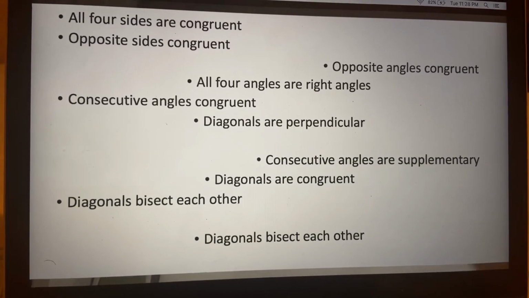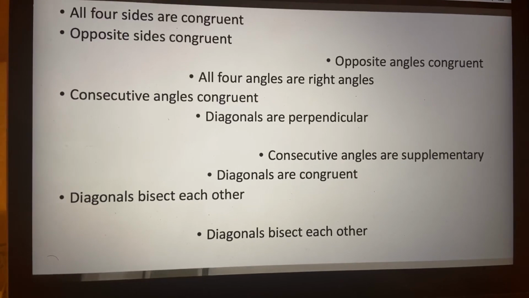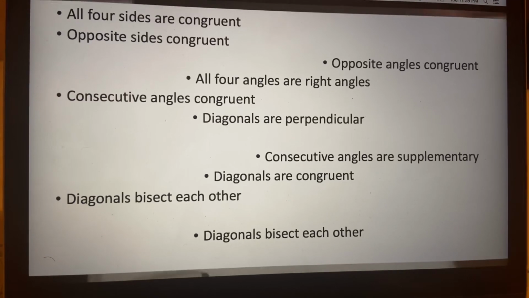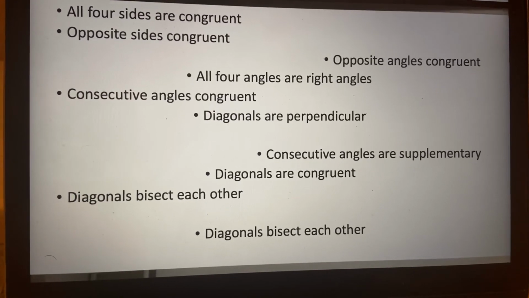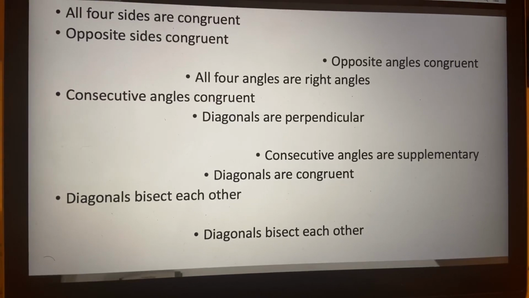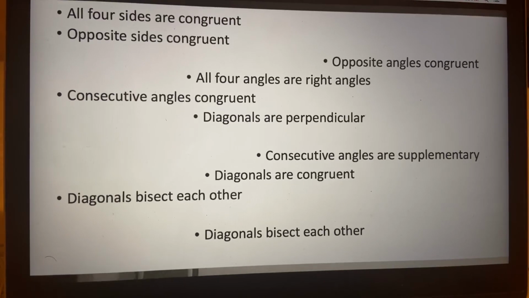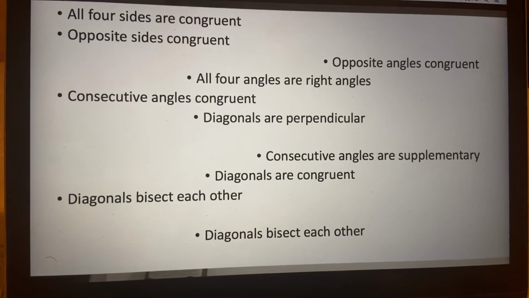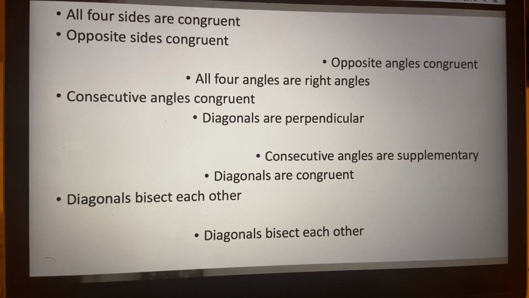This slide holds all the characteristics we've been talking about as far as parallelograms, rectangles, and rhombus. There exists a shape that has all of the characteristics listed on this slide. Go ahead and take a few minutes and try to draw this shape that has all of these characteristics.